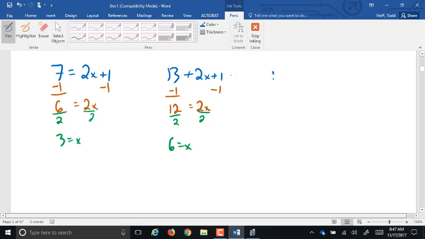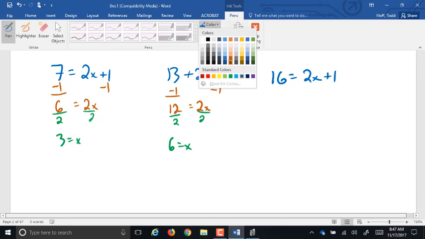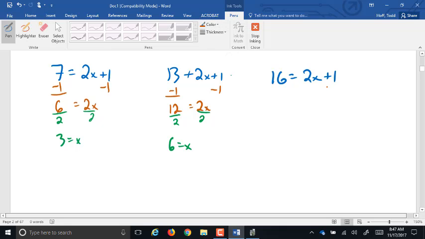How about this one? How would you solve it? Subtract 1 and, I screwed something up there, but that's okay. Divide by 2.